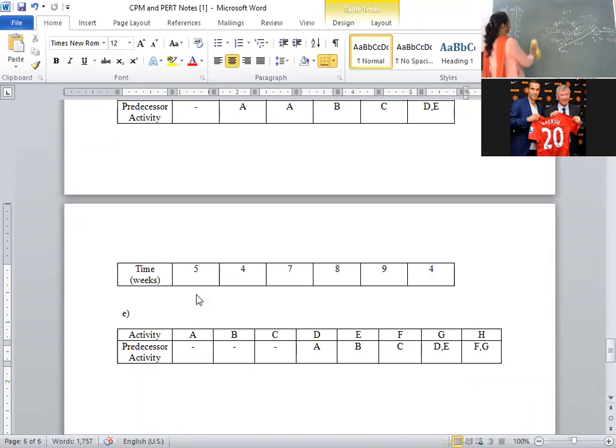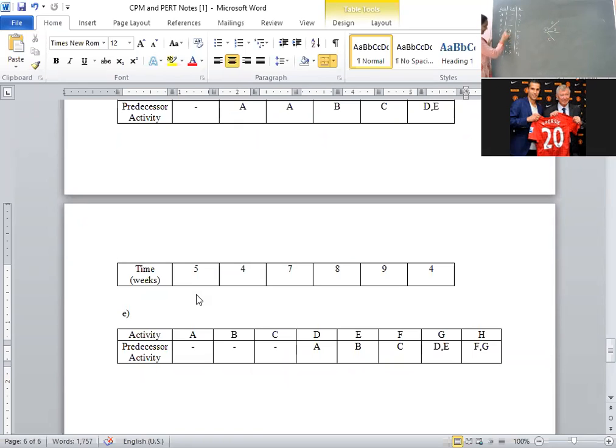Right now, again I am explaining this network diagram, then we will go through the D bit. Here listen carefully. A, B and C don't have any preceding activities.